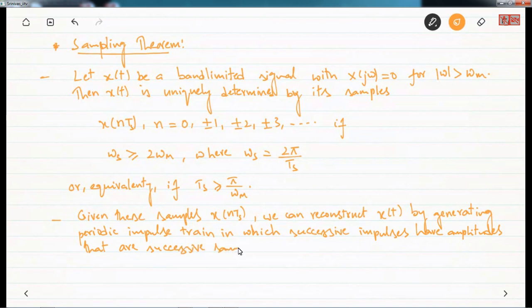I'll tell you what this is in a minute. You can just note down: successive sample values x of n Ts, and period equal to Ts.